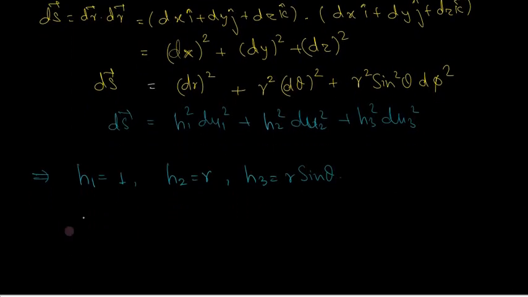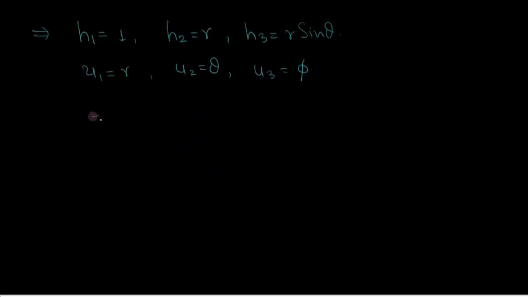In general you will write u1 as r, u2 as theta, u3 as phi, and e1 as r cap, e2 as theta cap, e3 as phi cap. So these were the terminologies which we'll use.